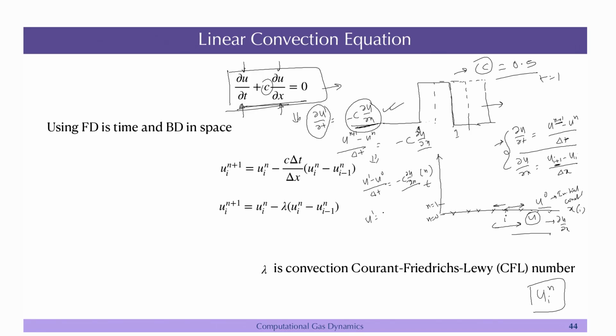So, u 1 will be u 0 minus c du by dx into delta t. Now, you got the value at 1. Now, you go to 2, now you go to 3, now you go to 4, and you can go to the nth time step, whatever the maximum time that you want to go. So, this is how it is usually done.